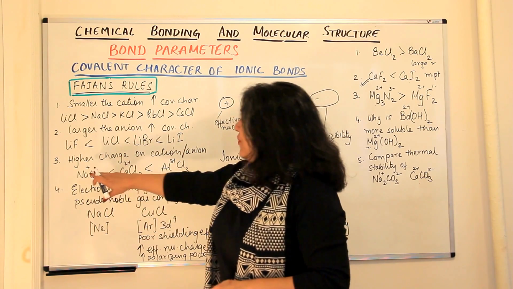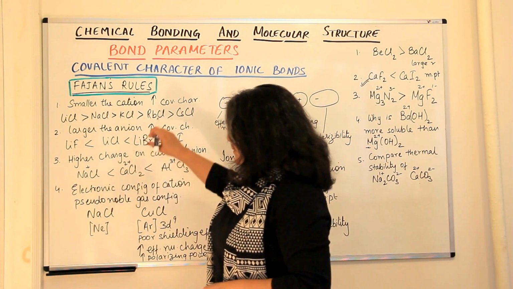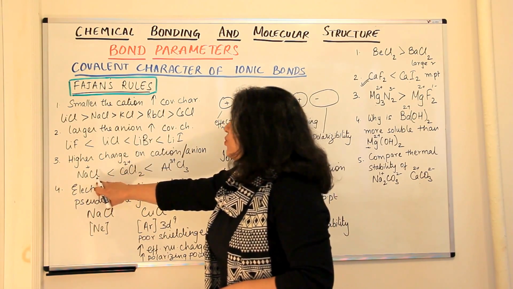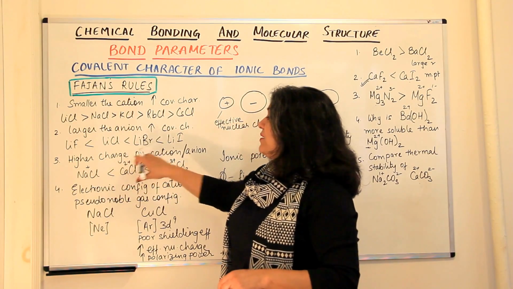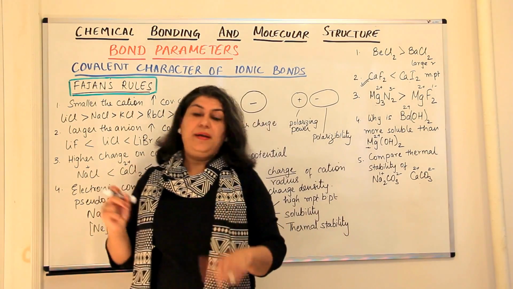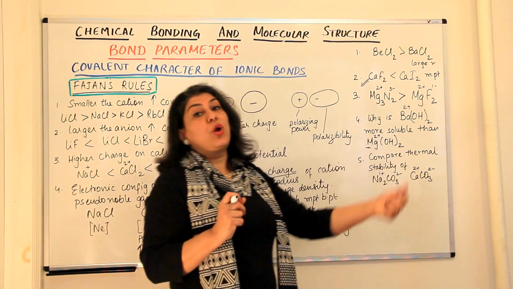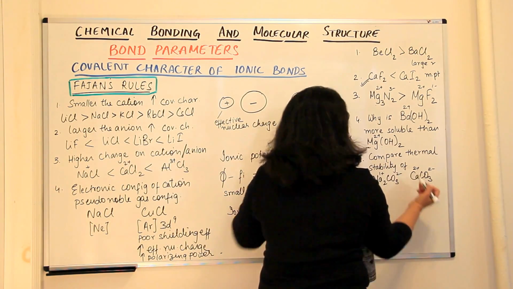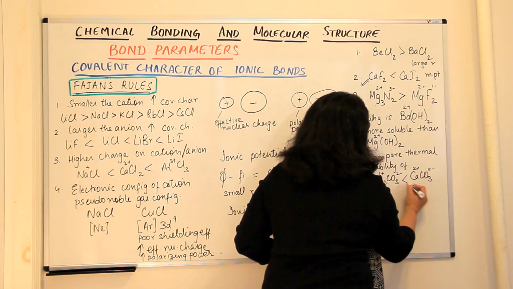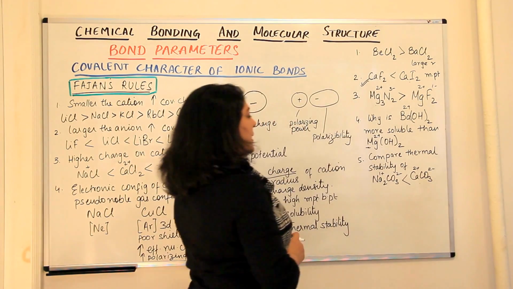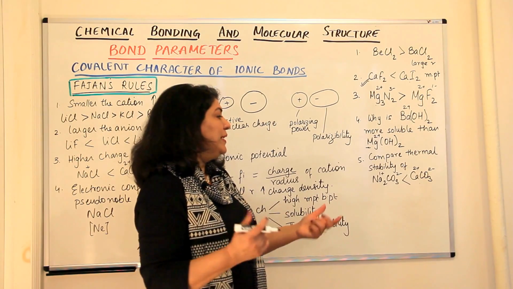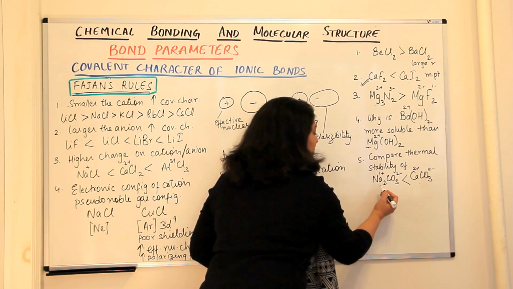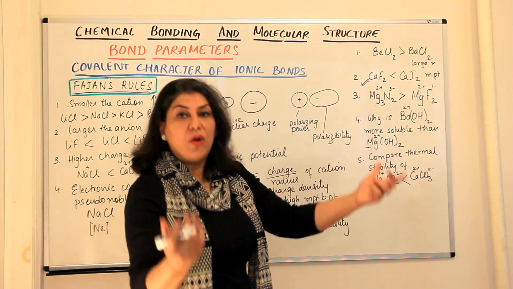And according to Fajans' third rule, the higher the charge on the cation or anion, the greater is its covalent character. Since calcium has greater charge on it, therefore this has a larger covalent character. And the one that has lesser covalent character actually has more ionic character.